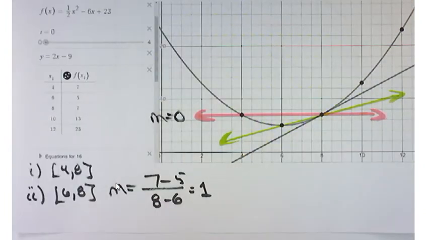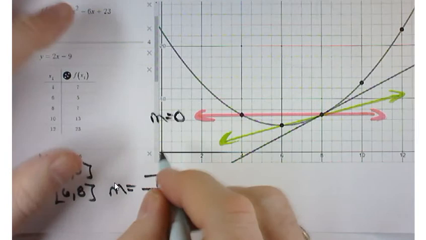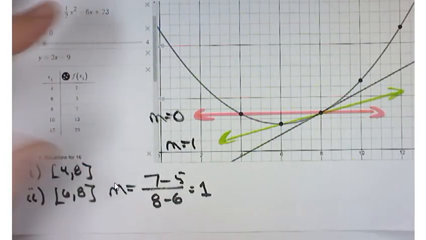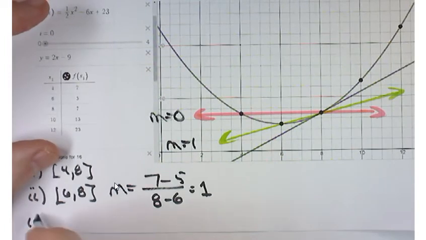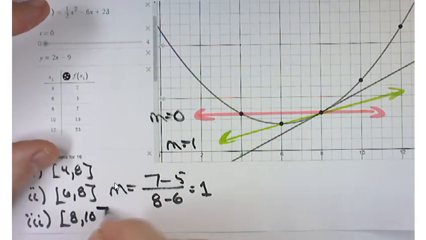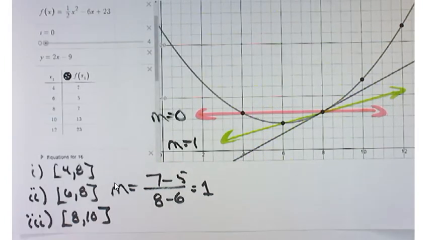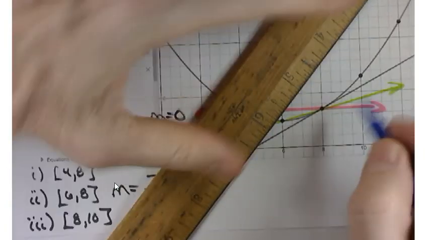For that, we got m equals 1. Two more. For part 3, we want to find the slope of a line between 8 and 10. So between 8 and 10, that'd be this one here.